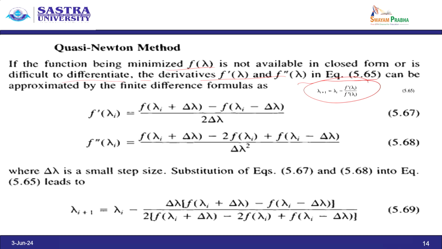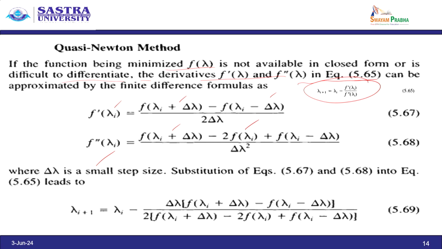Therefore, f dash of lambda_i equals f of lambda_i plus delta lambda minus f of lambda_i minus delta lambda, by 2 delta lambda, and f double dash of lambda_i is equal to f of lambda_i plus delta lambda minus 2 f of lambda_i plus f of lambda_i minus delta lambda, by delta lambda square.